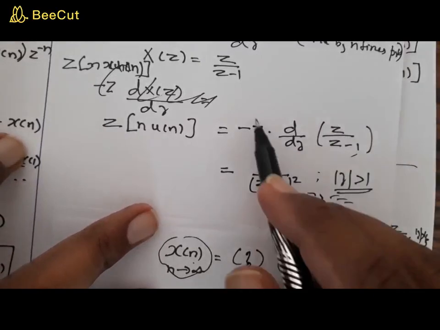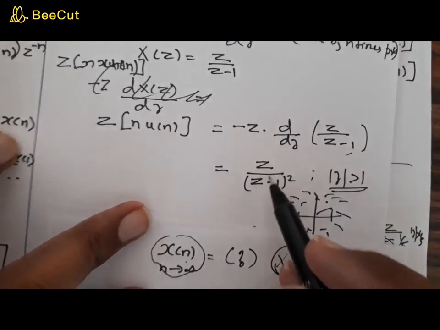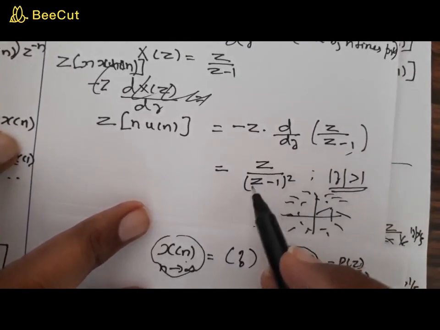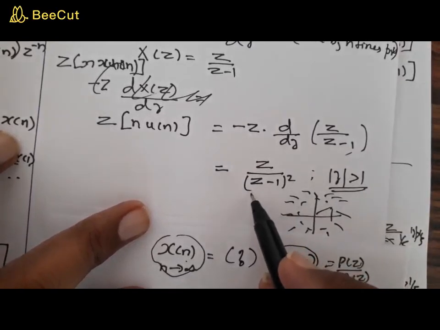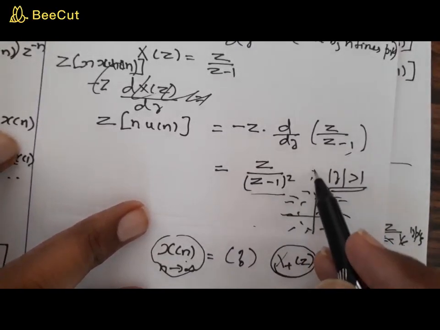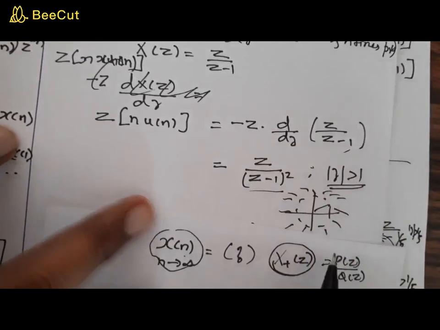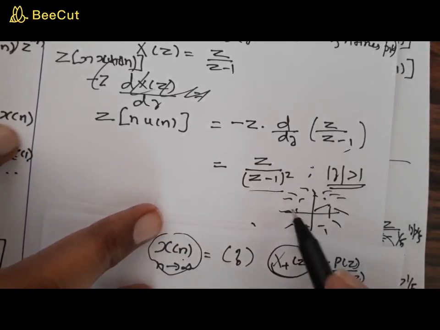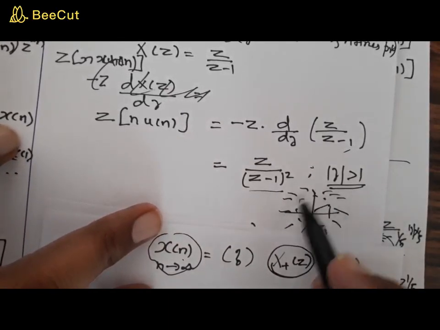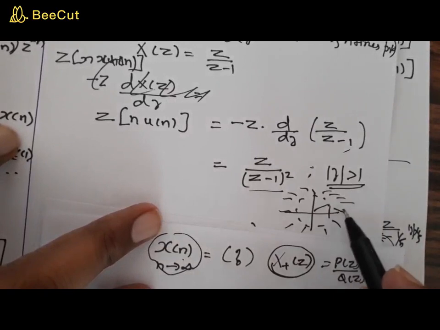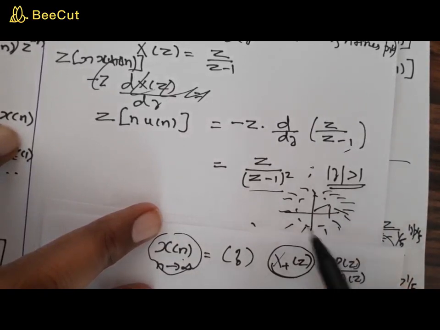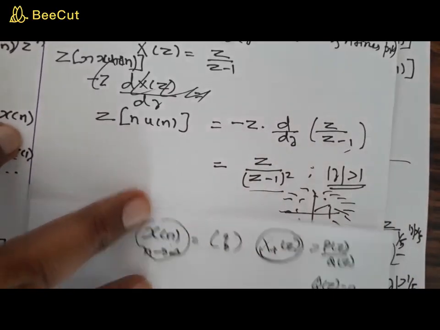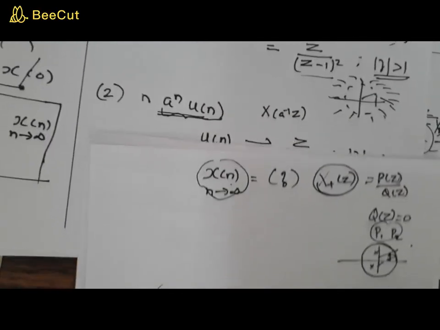Taking the derivative and multiplying by minus z, you may just do it by yourself, you will get z by z minus 1 the whole square, where mod z is greater than 1. Now you can represent that by drawing a circle with radius 1, and the shaded portion is the exterior region of that circle, which is the ROC of this transform.